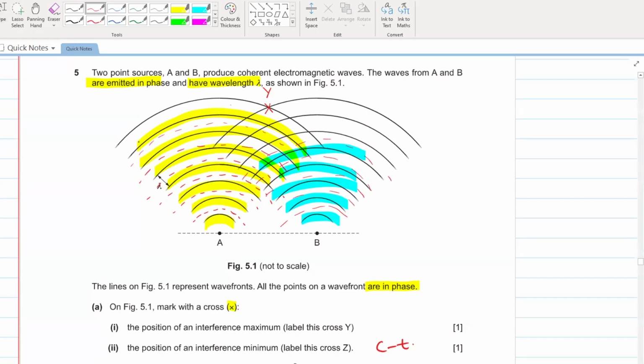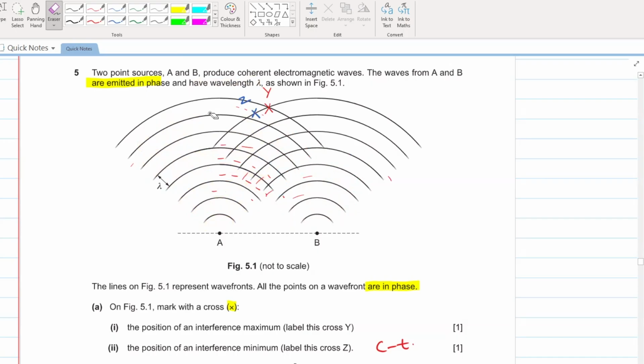This will give rise to interference minimum. So let's say you have this trough here. Can you see this trough is meeting the crest at this point? This will be your interference minimum point Z. Simple. I am erasing all of it because this looks really untidy.